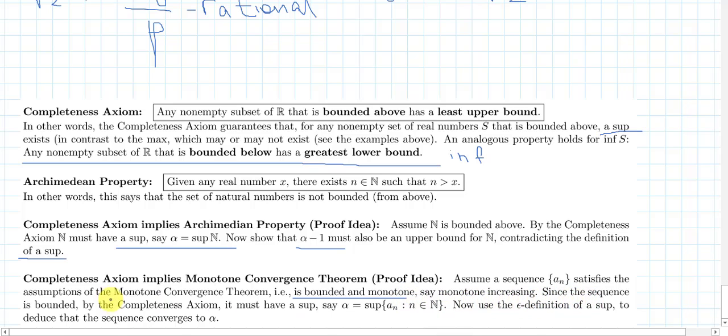Since the sequence is bounded, by the completeness axiom, it must have a supremum. Let's take alpha as the supremum, and now use the epsilon definition of a supremum to deduce that the sequence converges to alpha.